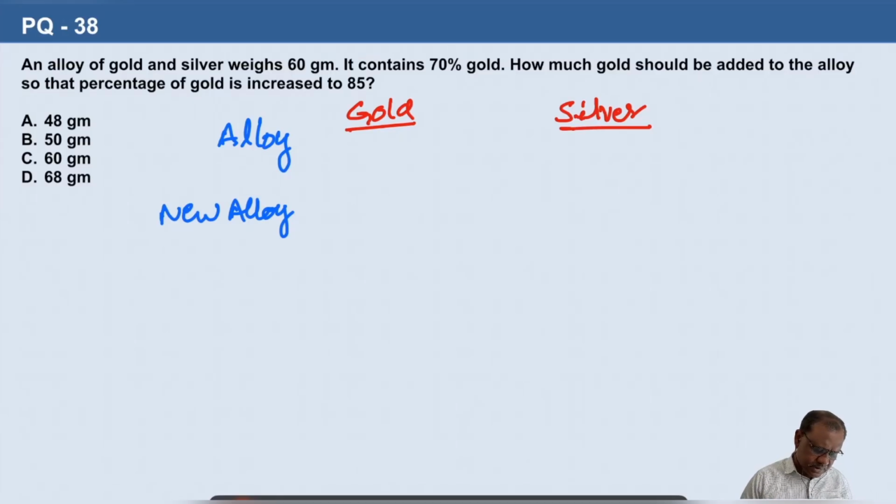So gold is 70% initially, silver would be 30%. So after adding gold, it should become 85%. This will be 15%. Silver will be 15%.